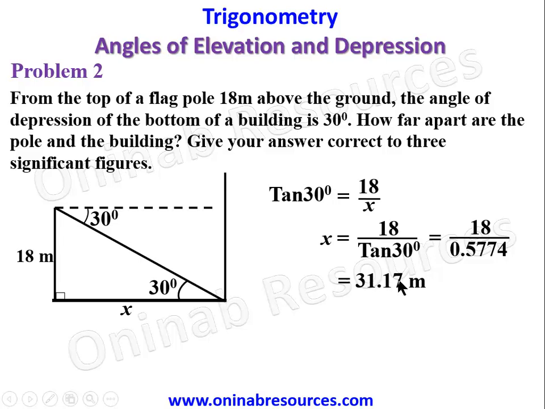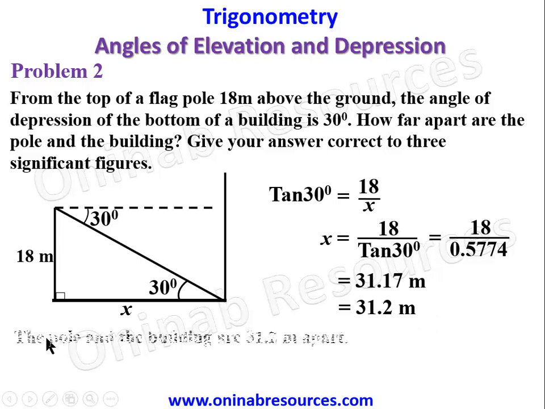We consider this, since it is greater than 5, we make it 1, so it becomes 31.2 meters. Therefore, the pole and the building are 31.2 meters apart. And that is the end of solution to problem 2.